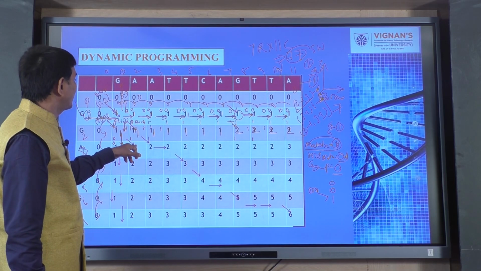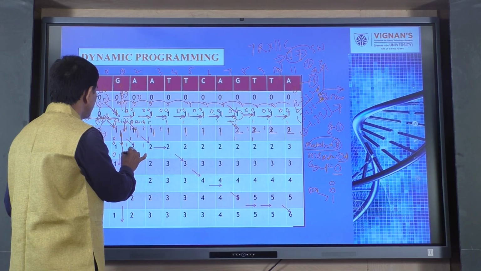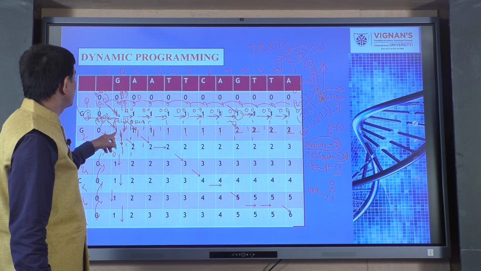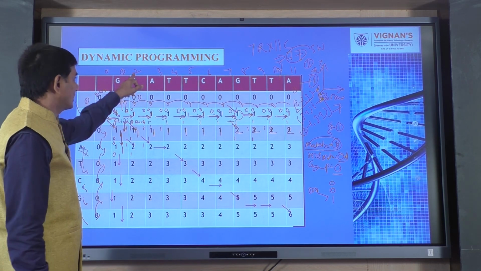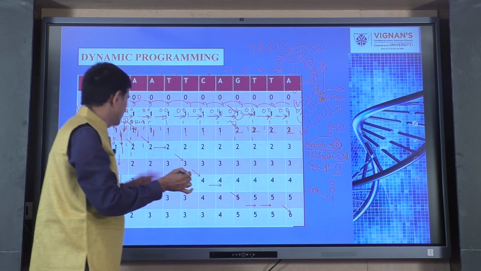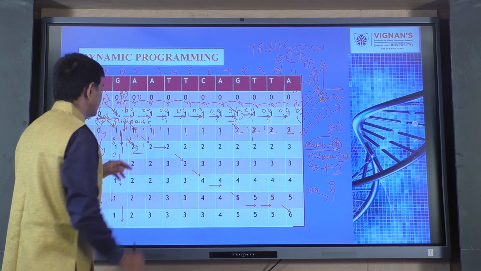Coming to this cell in the matrix table, change in row 1, change in column 1, coming to this diagonal box where there is both change in row and column, that is 1, and then row coordinate is A, column coordinate is A, match is having a positive value of 1. So, 1 plus 1 comes to 2, and then direction next.